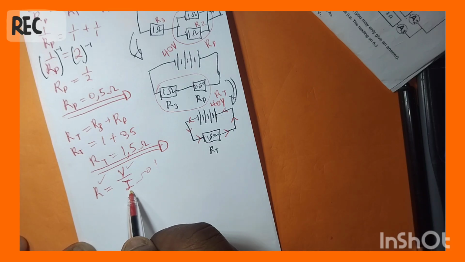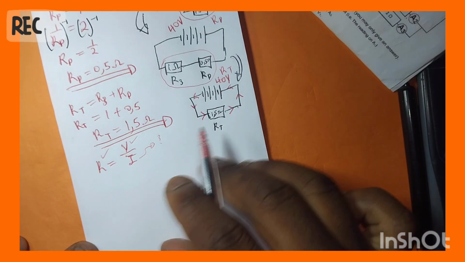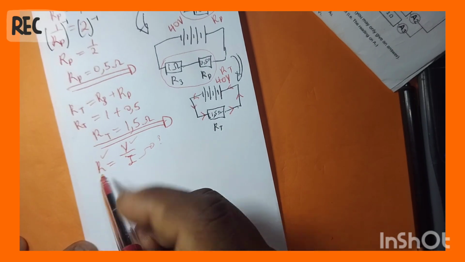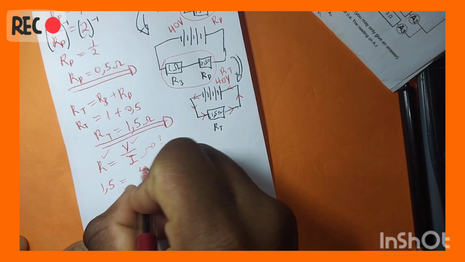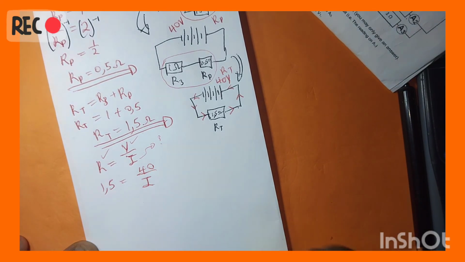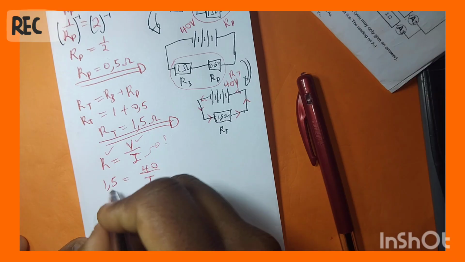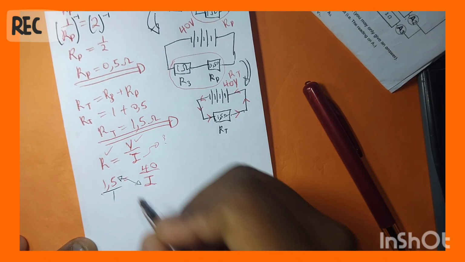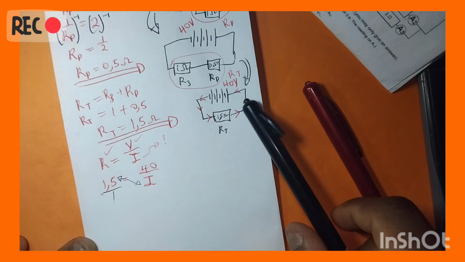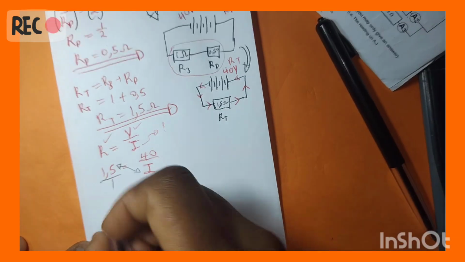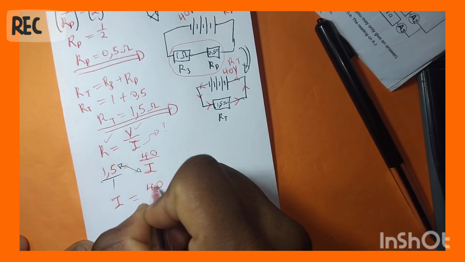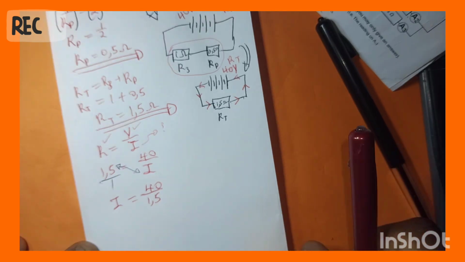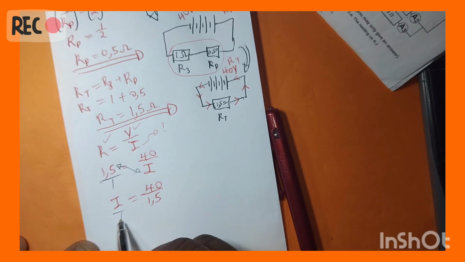So for me to solve this, I can substitute them. This is 1,5, here it's 40, which is the current. I can put an invisible 1 here, because those two things multiply each other, I can just flip them. Meaning I can flip them to become 40 over 1,5, and here I'm still having that invisible 1.